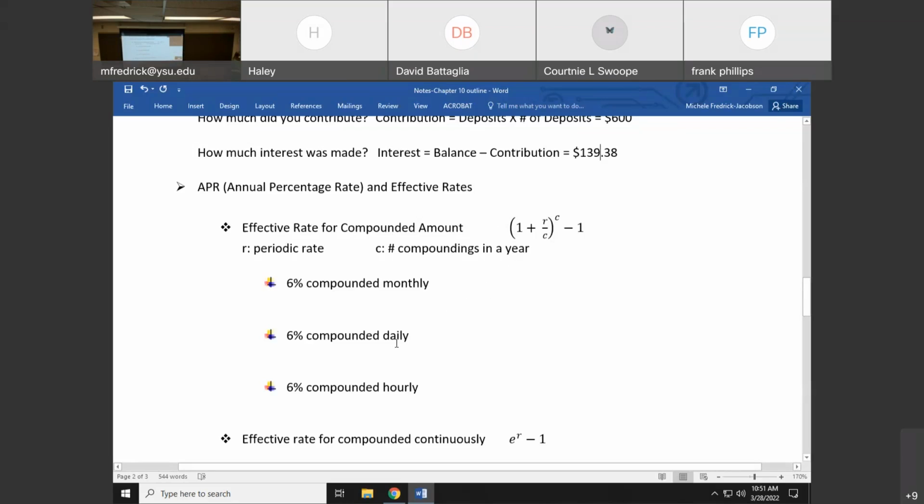It's not an annual rate. So if we have 6% compounded monthly, then we'd have 1 plus our rate as a decimal, 0.06, divided by C, the number of times it's compounded in a year. So monthly, C would be what?